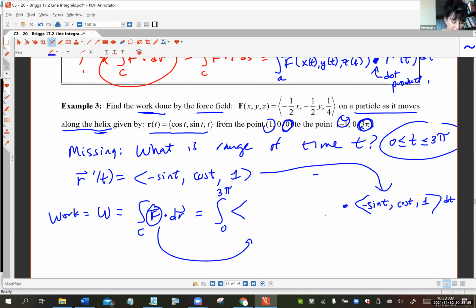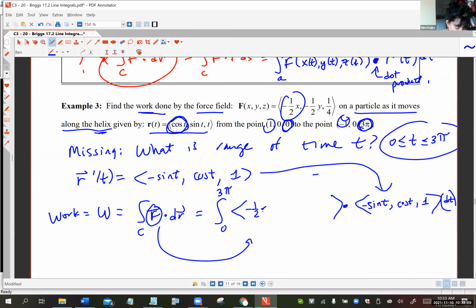I don't want x's, y's, and z's in this line integral. When I convert this line integral, I need it to only have the parameter t. That's the only variable I should see. So what do I write instead of -1/2 x? I write -1/2 times the x component from the original vector valued function.